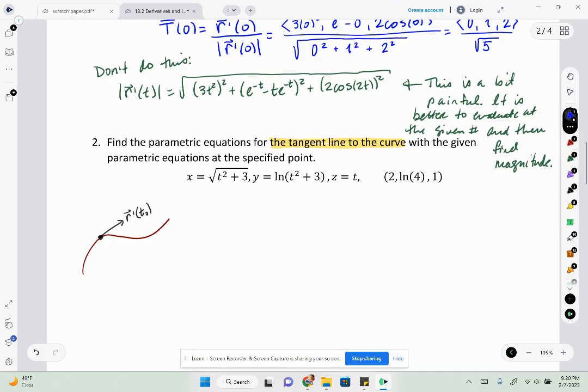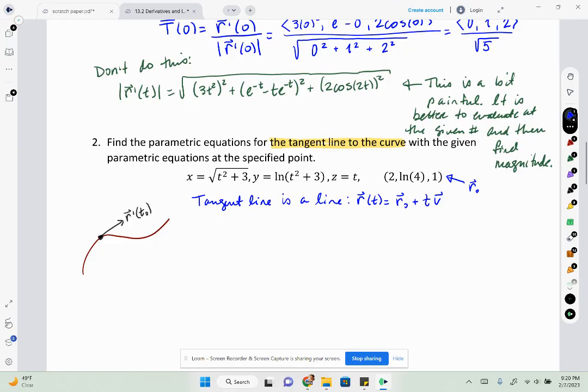So the tangent line is a line, so it'll have the form r of t is equal to r naught plus tv. So we've got to get those values. Looks like we have an r naught. The point that we were given, that'll work. That can be our r naught. But what we don't have is v, a direction vector.